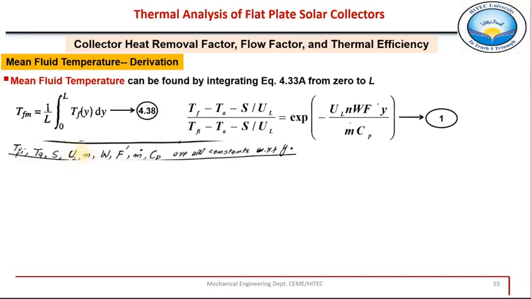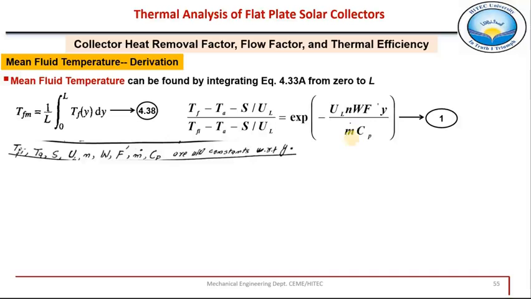Then N represents the total number of riser tubes, W is the spacing between two tubes, and F dash is the collector efficiency factor, which we have already discussed and derived. M dot is the fluid flow rate, and Cp is the specific heat of the fluid.